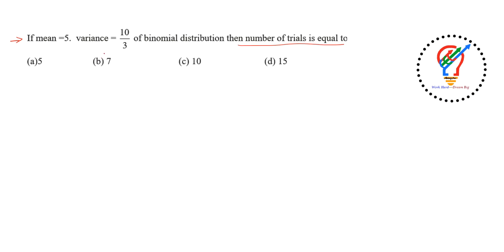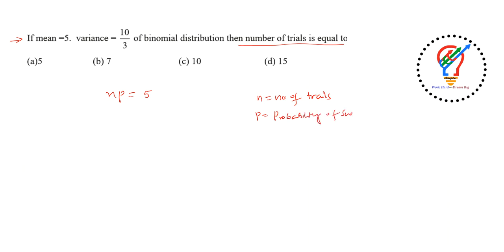So in a binomial distribution, mean is given by n into p. So n into p is nothing but 5, where n is the number of trials and p is the probability of success.